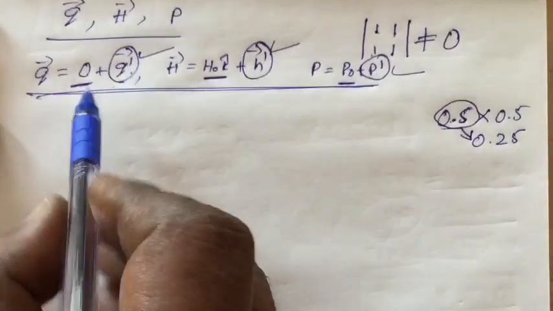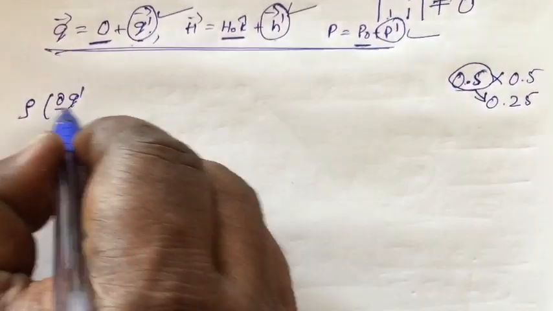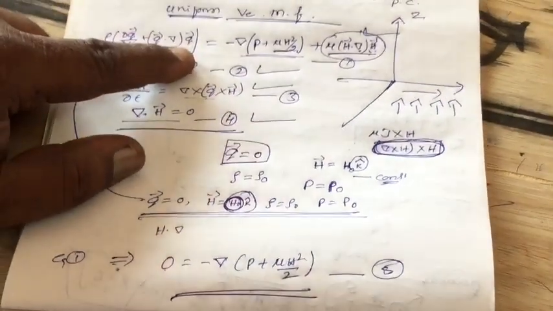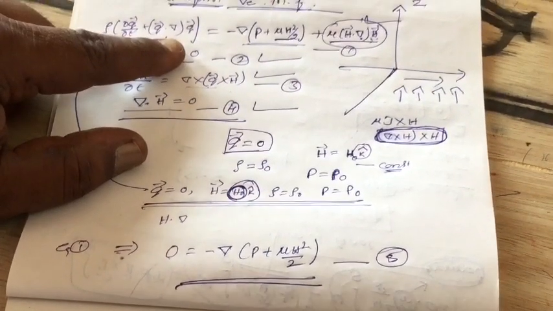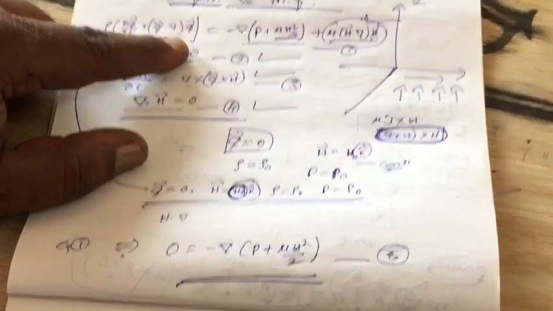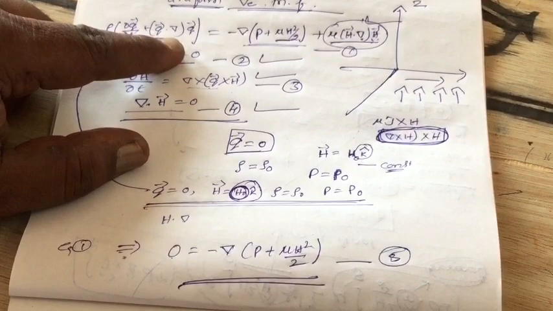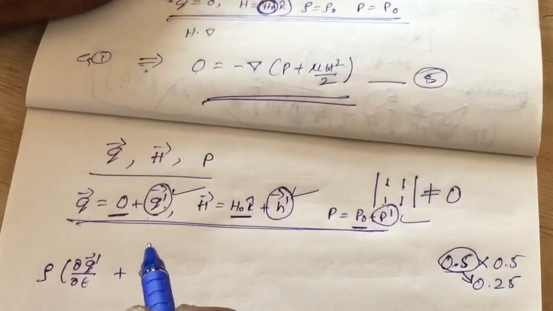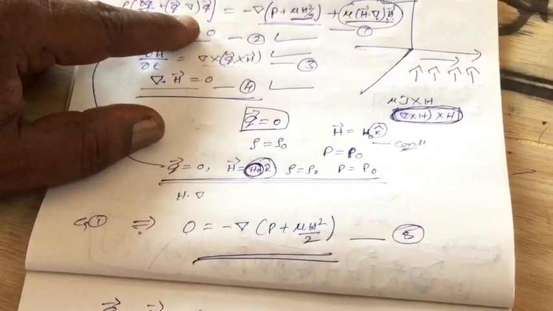By substituting that, look here, rho into del q dash by del t, plus q dot del of q. By taking that, surely you are going to get the product of perturbed quantities. That's why that term will become 0, because you come across a product in that term.